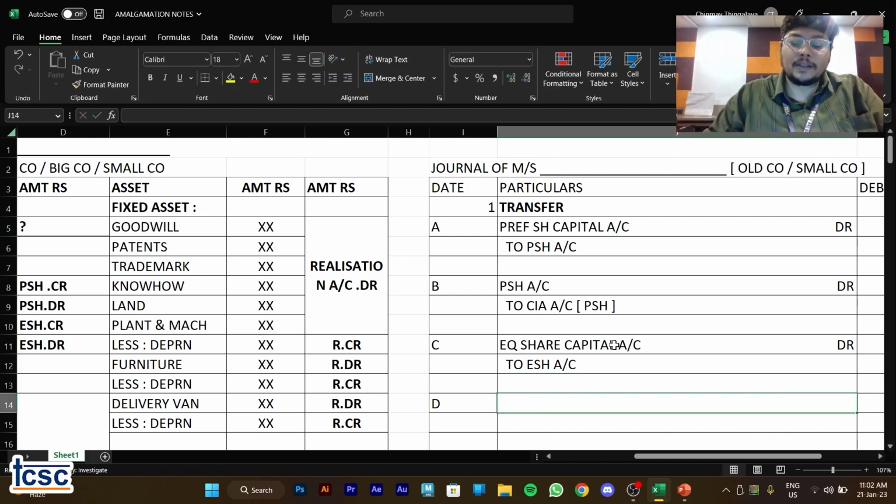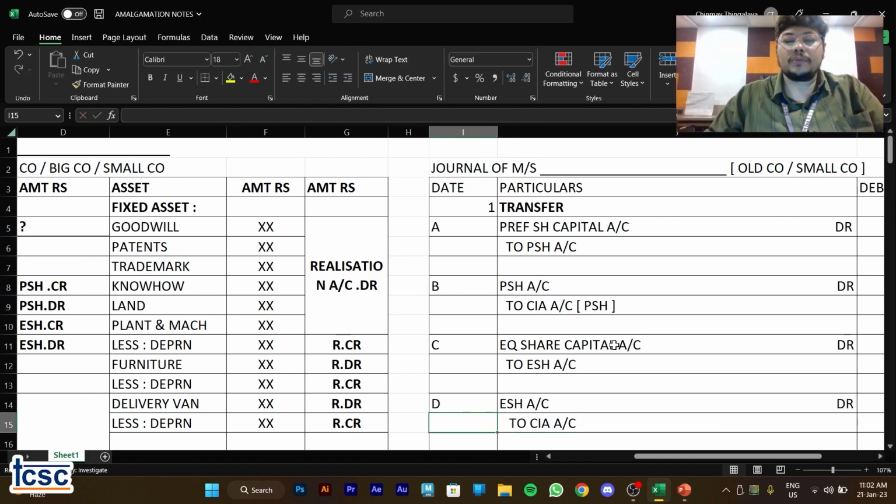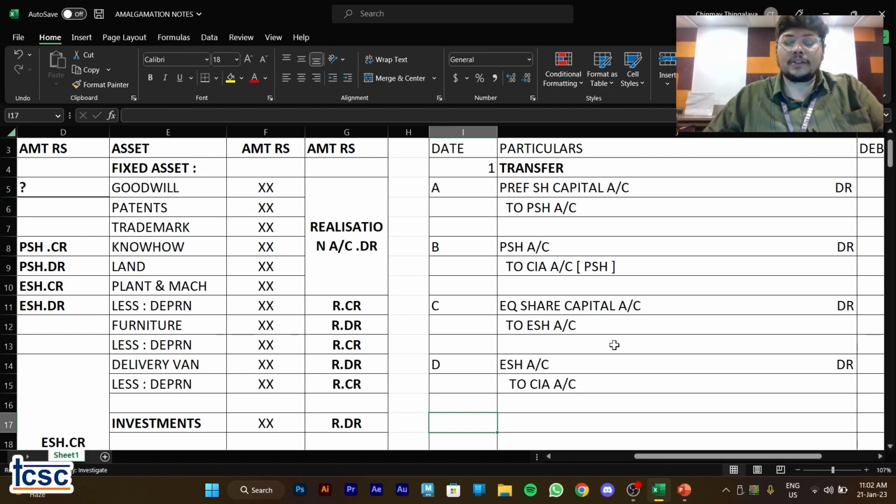We'll be transferring the CIA also. So ESH account debit to CIA account. So these are the four basic journal entries with respect to share capital transfer.